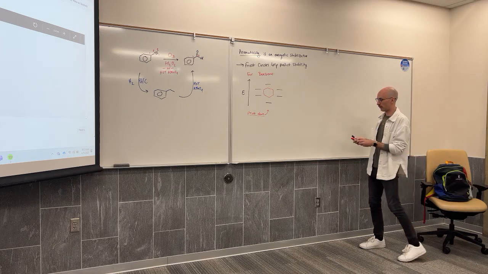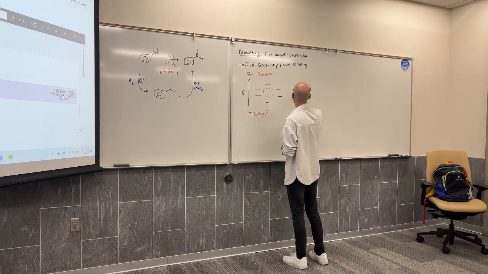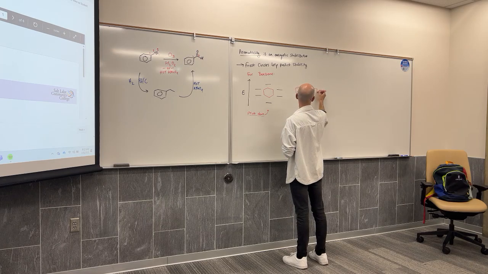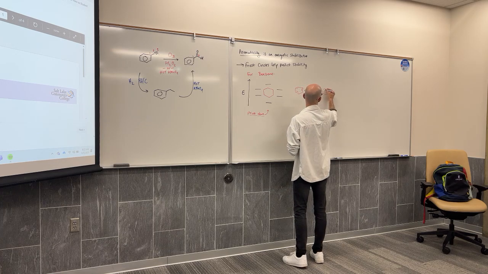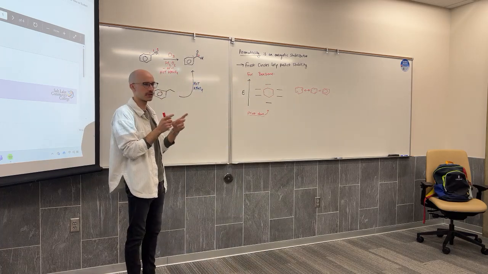Now we know from benzene that there are 6 pi electrons. And we talked about this yesterday in terms of nomenclature, that it actually doesn't matter where those pi electrons are drawn.